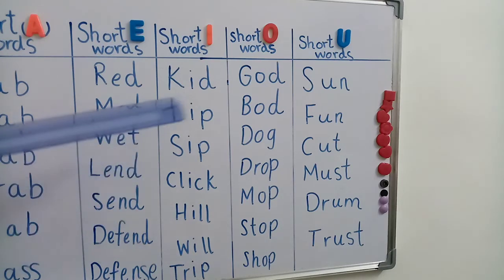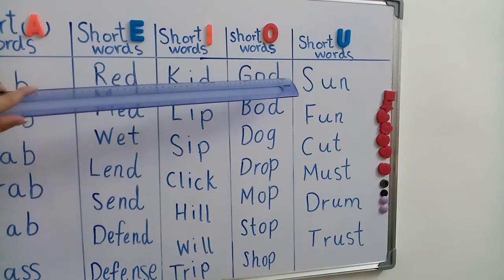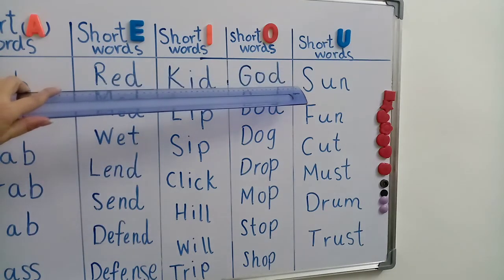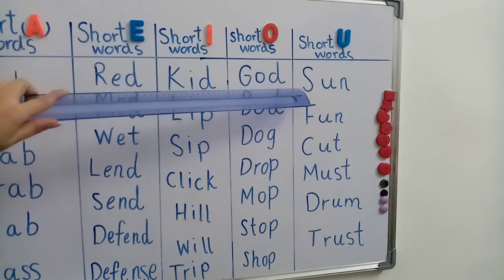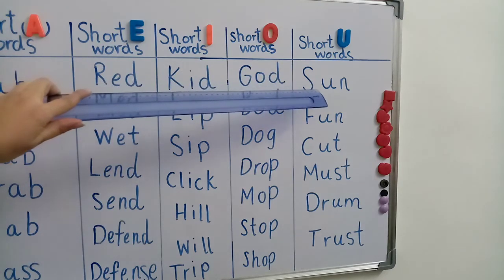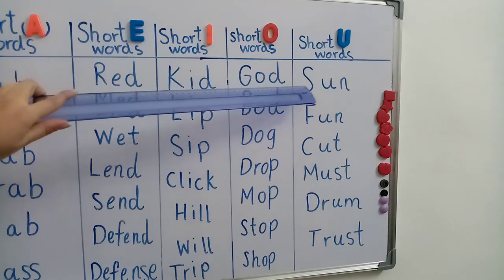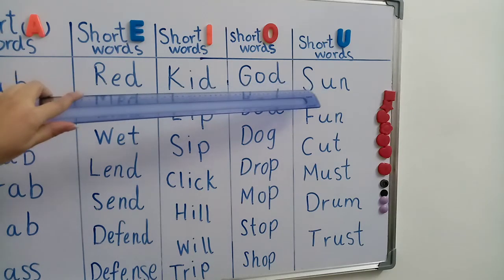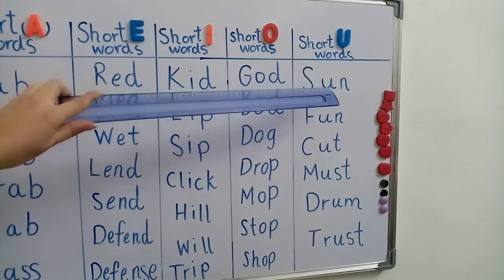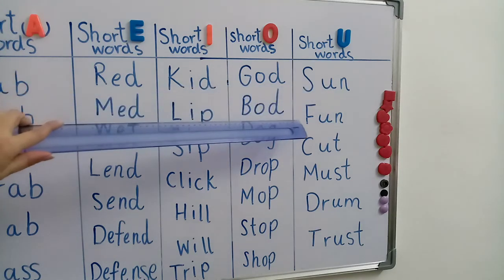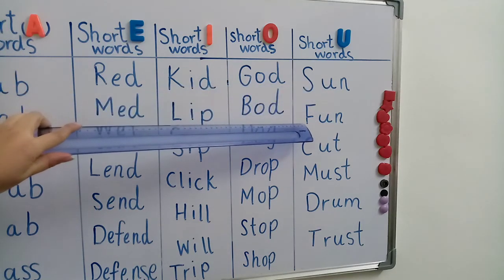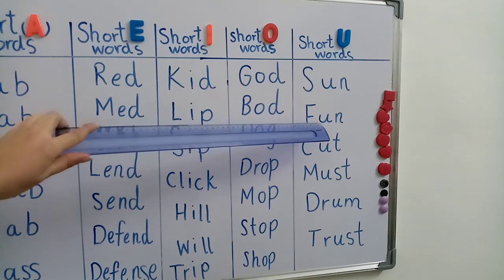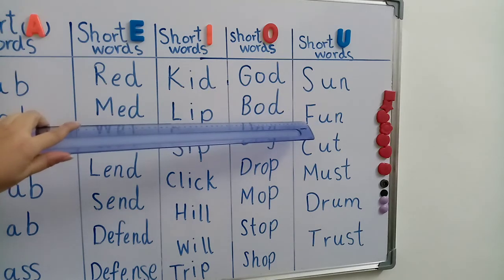Look at the first word. What does the S say? We have the sound S and the sound U. So S and U, su, sun, sun. Okay. We have here the sound F and U, fu, fu.